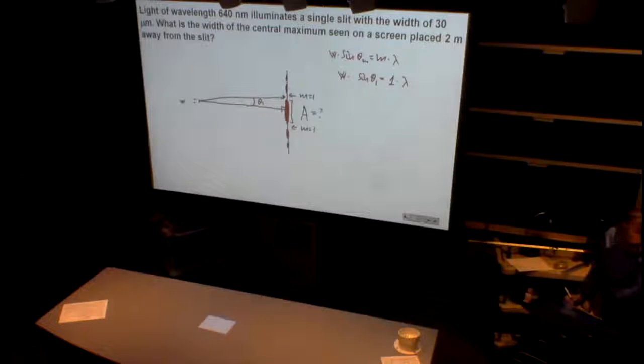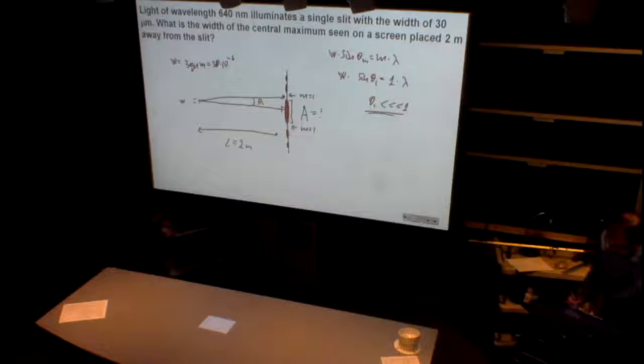Now, again, this distance is 2 meters, but the slit is 30 micrometers wide, 30 times 10 to the negative 6. So we can expect that this angle theta 1 will be very small, much less than 1 radian. You can calculate it, of course.